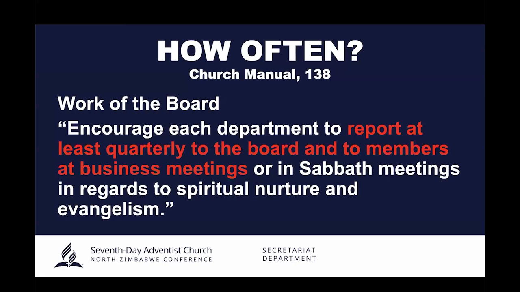So what is happening here? The church board, if it is an effective, efficient church board, has to ensure that each department leader presents a report at least quarterly to the board members at business meetings. That means every quarter, all departments, from the elders themselves down to the last department in the church, are supposed to make a report to the church business meeting.